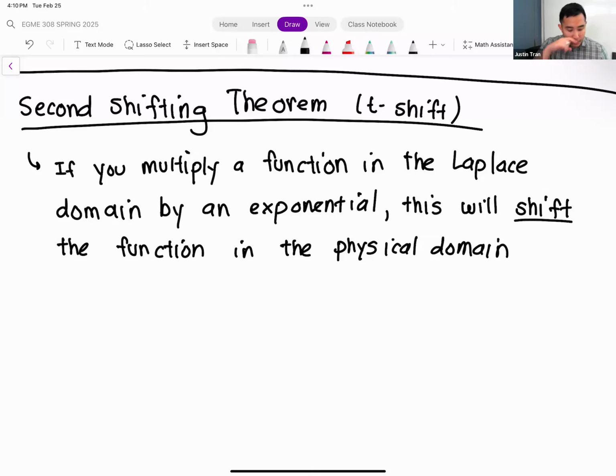Hence the name t-shift. All right, so the concise mathematical form for the second shifting theorem looks like the following.